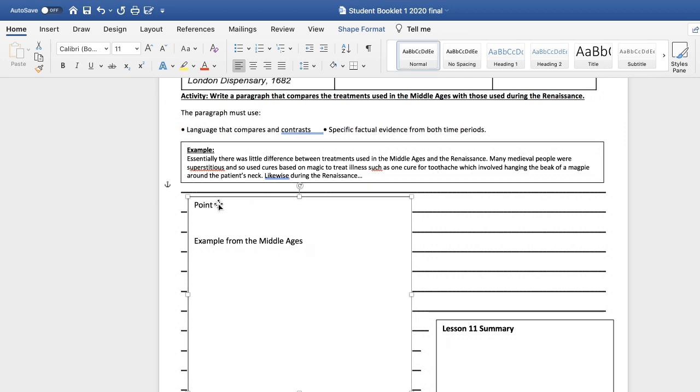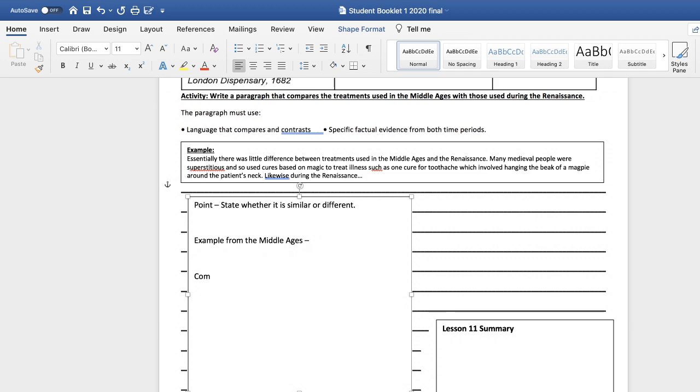So a point would be to state whether it is similar or different. You then need to identify one example from the time period before, so an example from the Middle Ages.